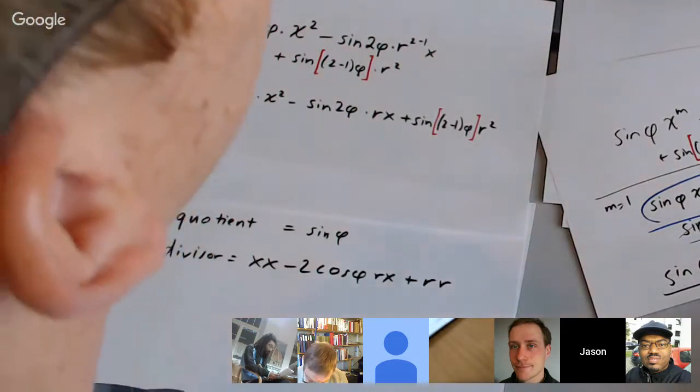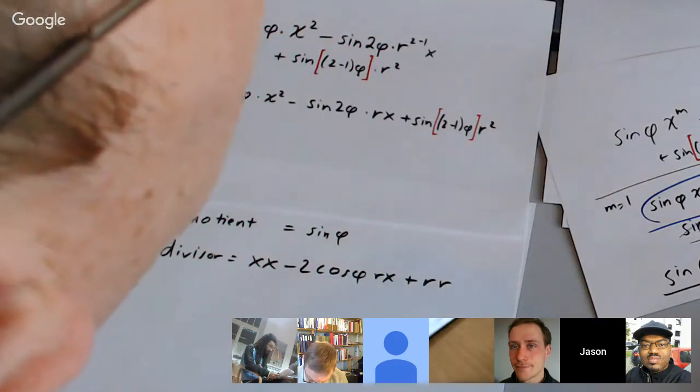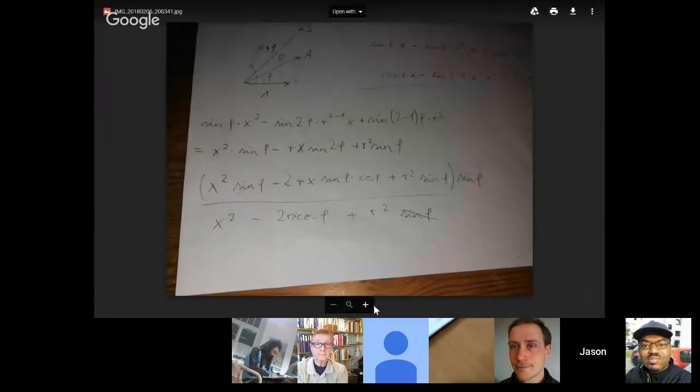Okay, Jonathan, I'm going to show your picture, and then if you want to go ahead and describe what you did. Sure. Here in this block, you can see 3 lines. In the first line, I just put in 2 for m.